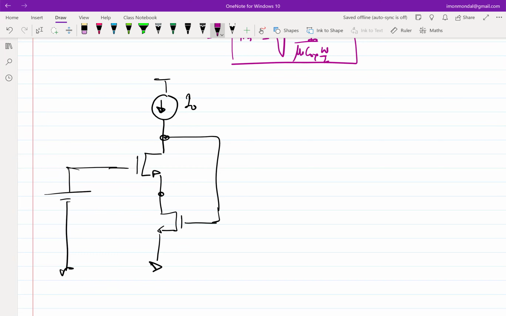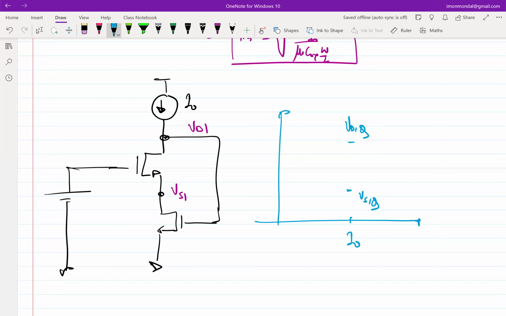Okay, so VD1, VS1. Under quiescent condition, we find that maybe for a certain value of I0, VD1 is at this value and VS1 is at this value. Let's say this is VD1Q, this is VS1Q.